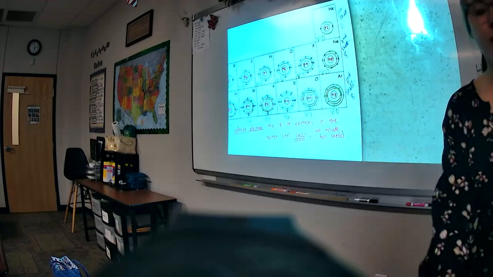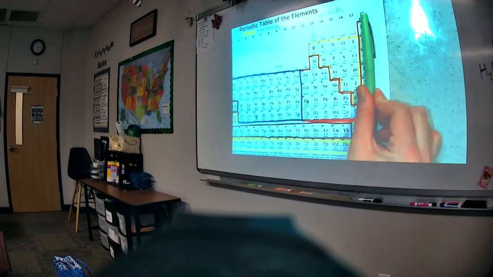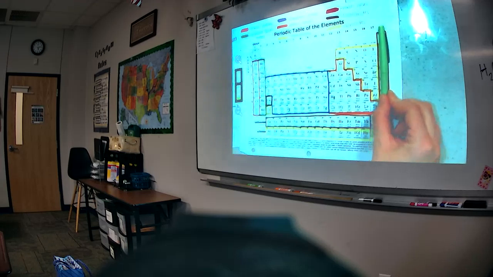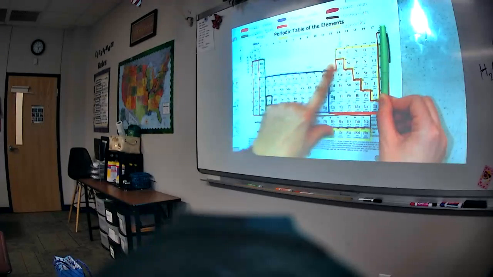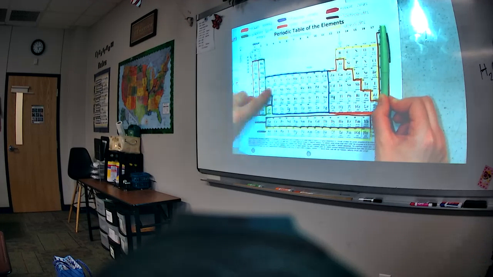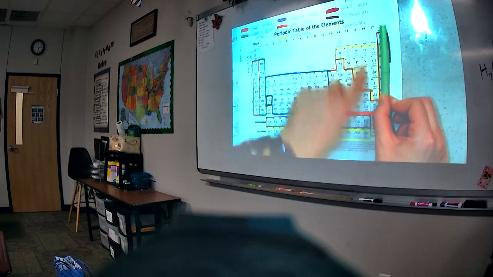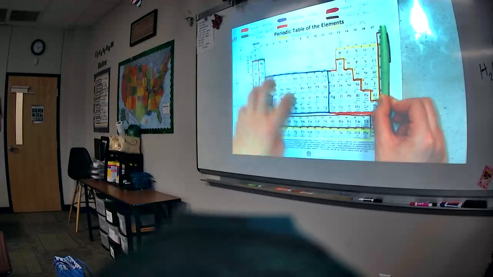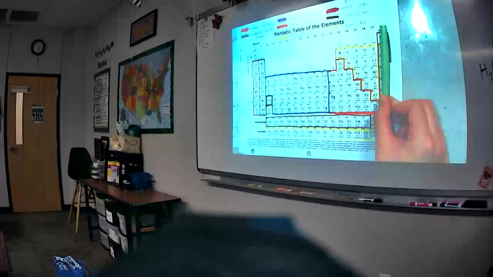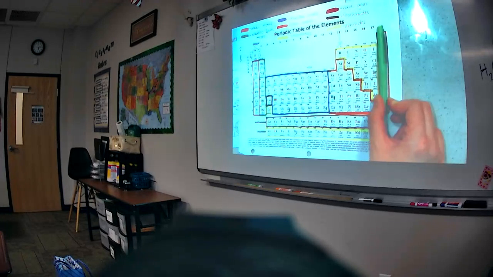Everything except for this group out here will exist in nature as molecules or compounds of some sort because none of these have full outer shells. Therefore, they're very reactive and they have to bond with something else. Does that make sense?